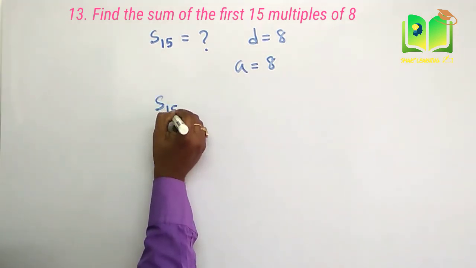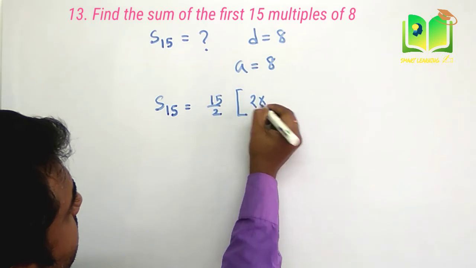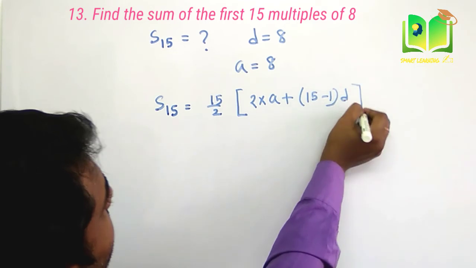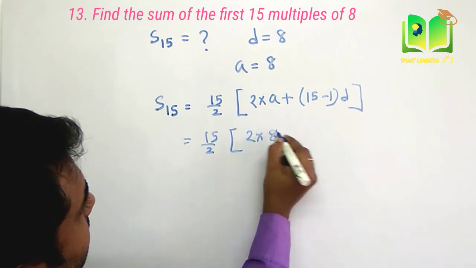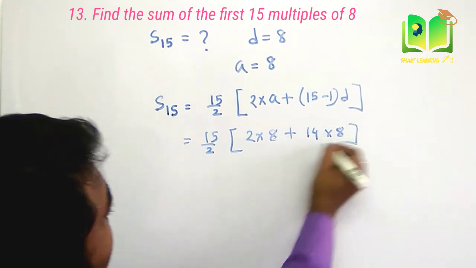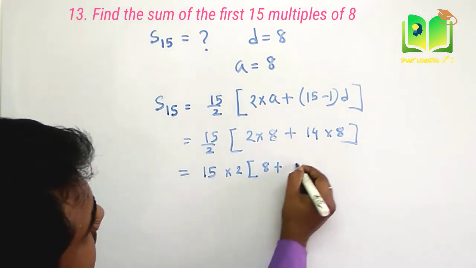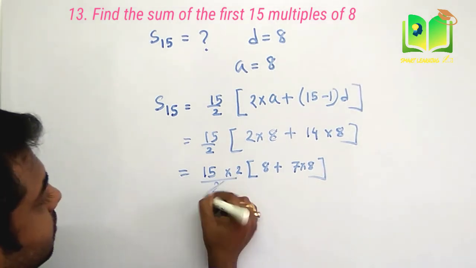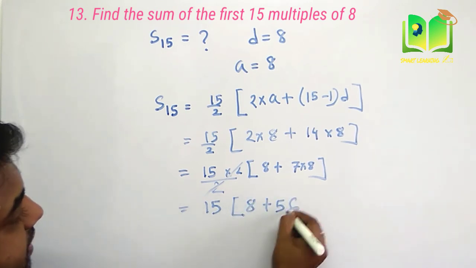So write S15 equals to 15 by 2, third bracket start, 2 into a plus 15 minus 1 into d. Simply 15 by 2, 2 into 8 plus 14 into 8. So if you take common 2 here, so it will be 8 plus 7 into 8.